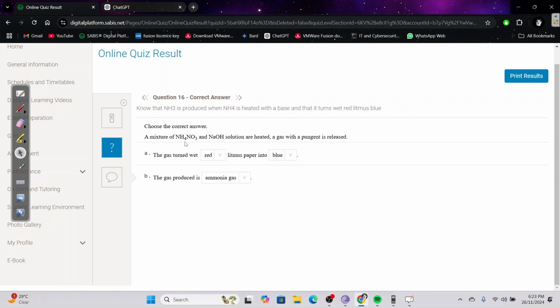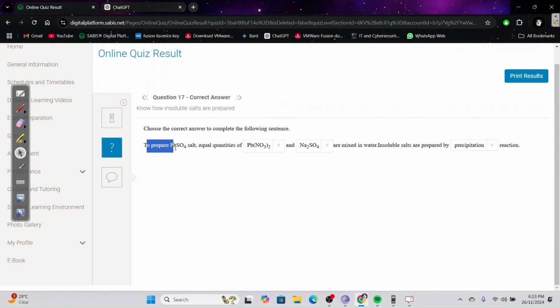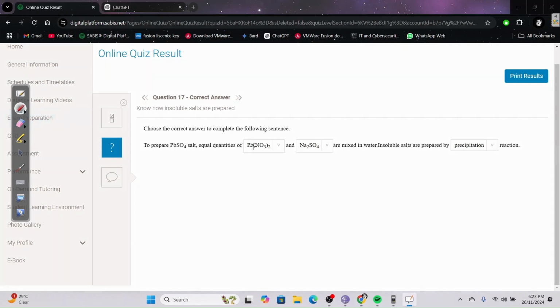Tongue twisters. Okay, question 17. To prepare PbSO4 salt, equal quantities of Pb(NO3)2 and Na2SO4 are mixed in water. Insoluble salts are prepared by precipitation. Remember, I just mentioned this. If you have SO4, it's soluble with most everything except Pb, Ca, and Ba.